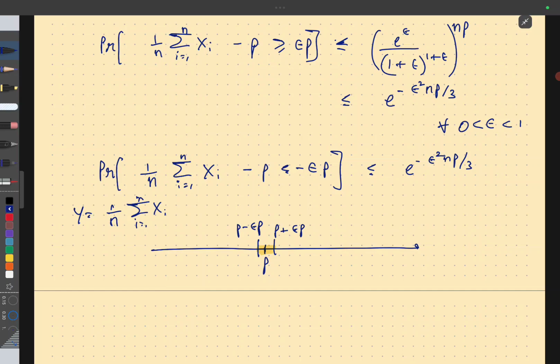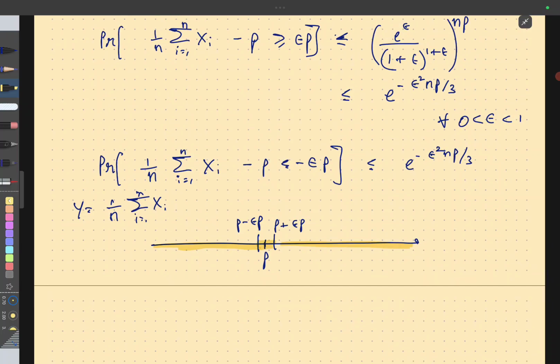What I've written above are two things. One is this particular probability that it is greater than p plus epsilon times p. The second probability is the probability that this is less than p minus epsilon times p. Correct? Is that fine so far?